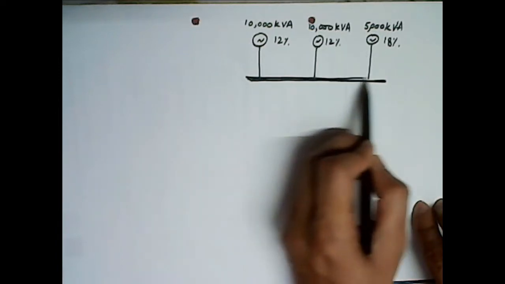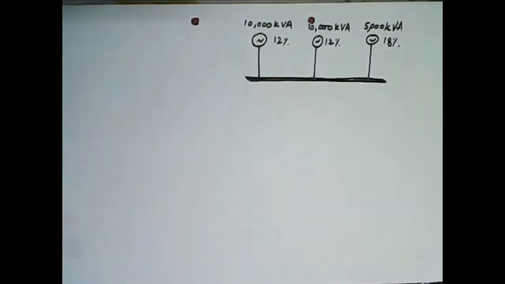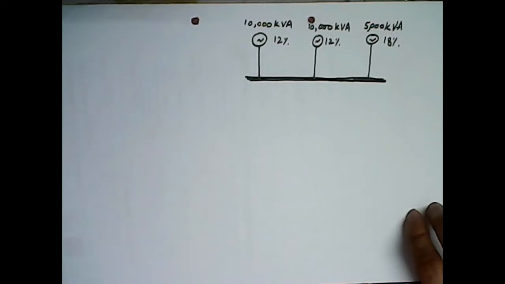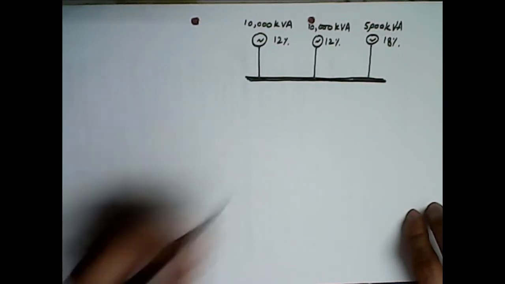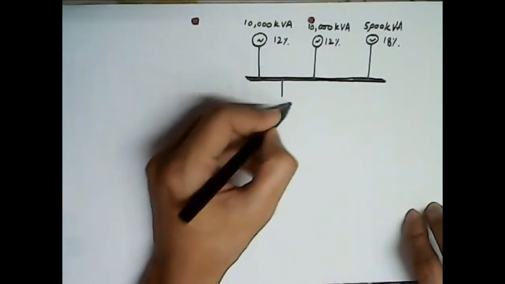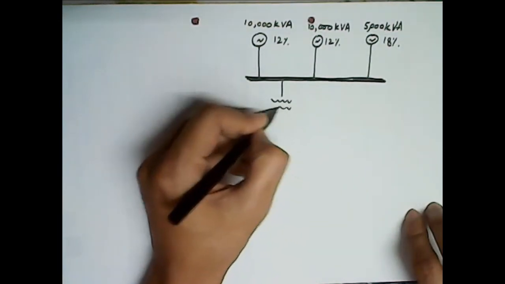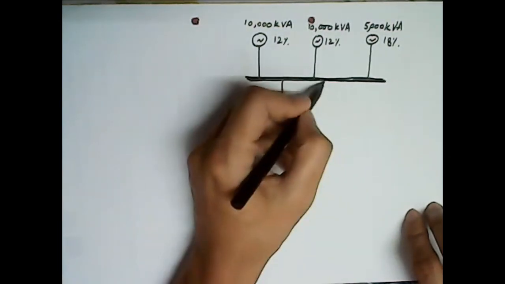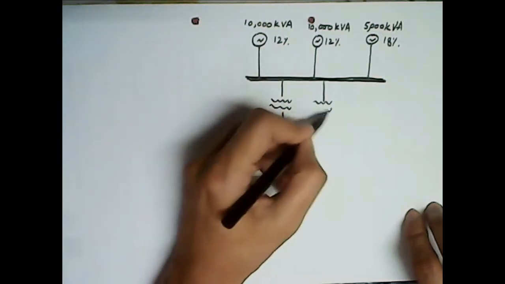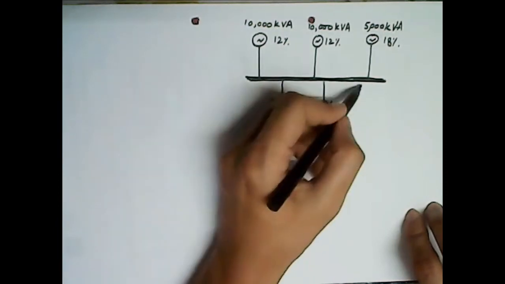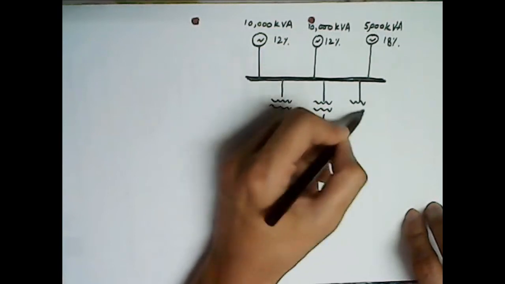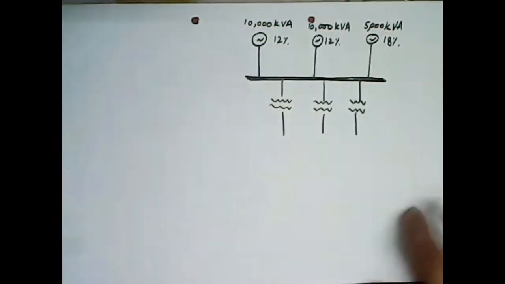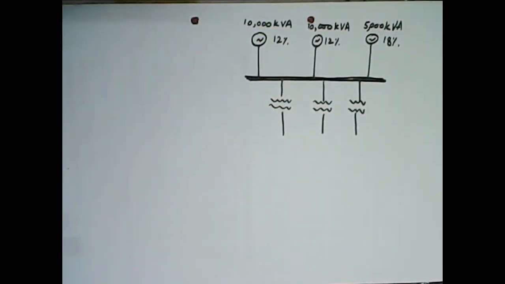Okay, so now the load is dispatched from this station through three transformers, right? So we have transformer 1, then transformer 2, and finally transformer 3, and these are all step-up transformers.